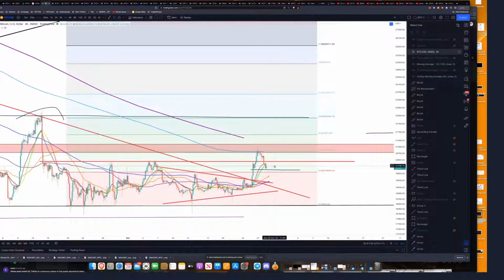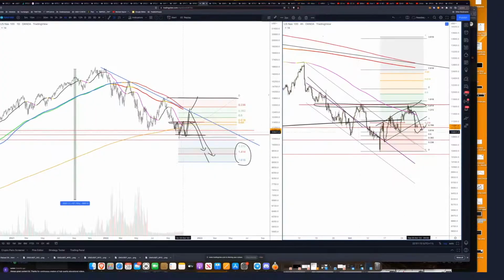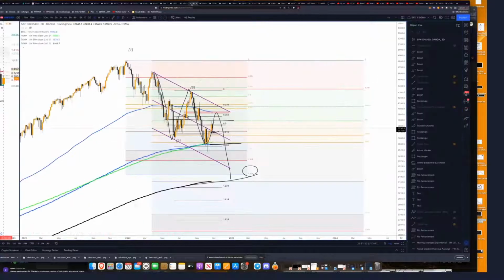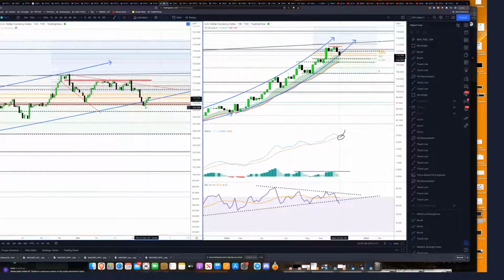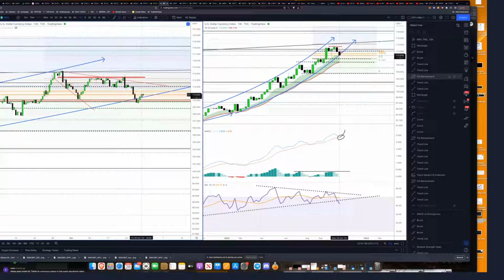This is a bearish move, and it's confluence with that. So would this hold? Don't know. I wouldn't do high leverage trading, not anytime soon. And the US dollar is finding a bit of resistance here.